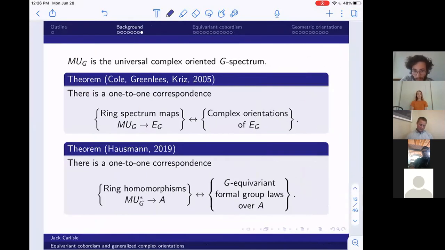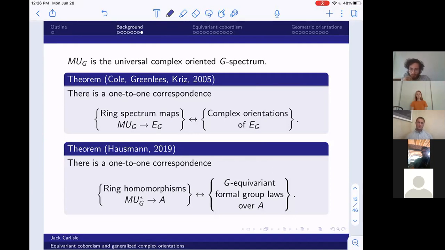Now, even more recently, work of Markus Hausmann in 2019 proves that there is a one-to-one correspondence between ring homomorphisms from the coefficient ring of this Thom spectrum MUG to a commutative ring A and so-called G-equivariant formal group laws over A. And so the right-hand side in each of these blocks is the G-equivariant analog of complex orientation theory.